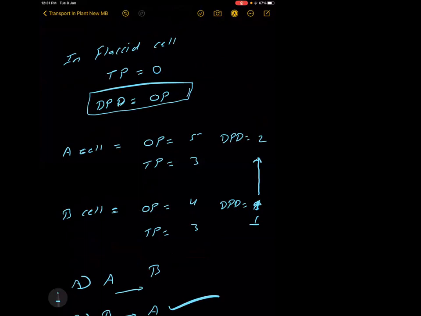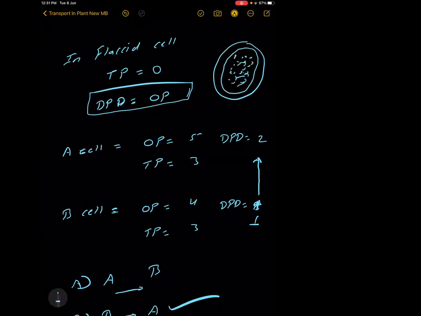The protoplasm is concentrated. Suppose this is the concentrated protoplasm. Concentrated protoplasm means here less amount of water, more solid is present.